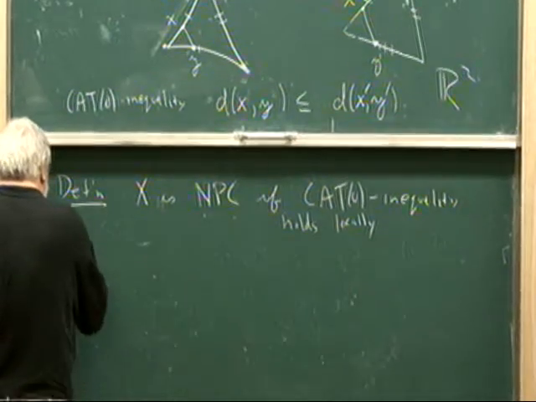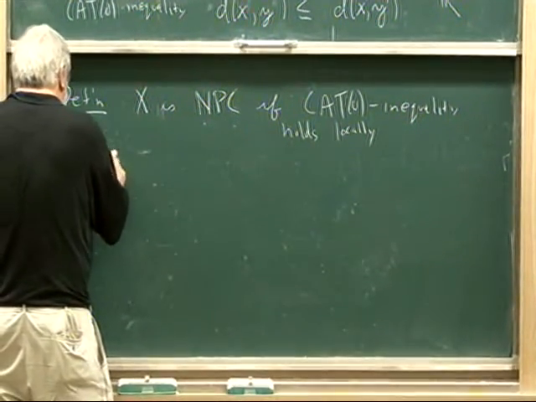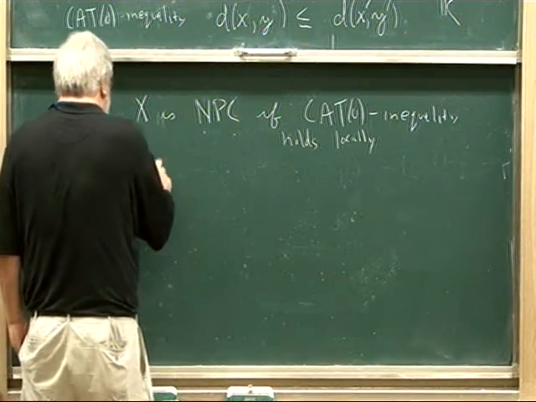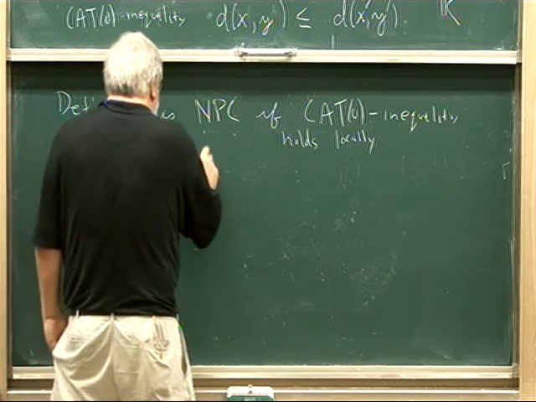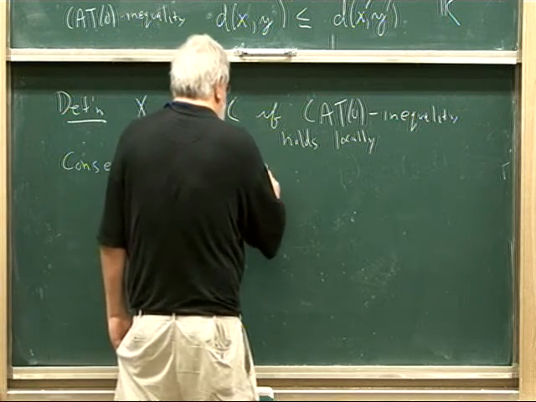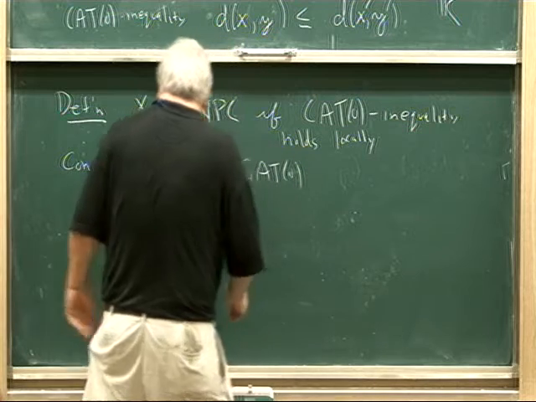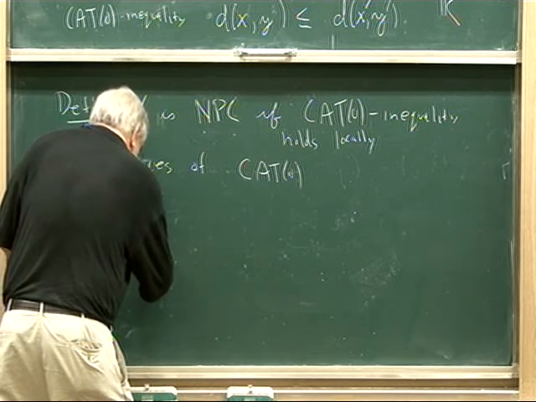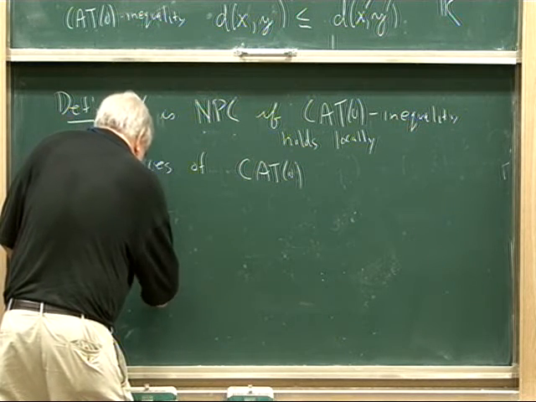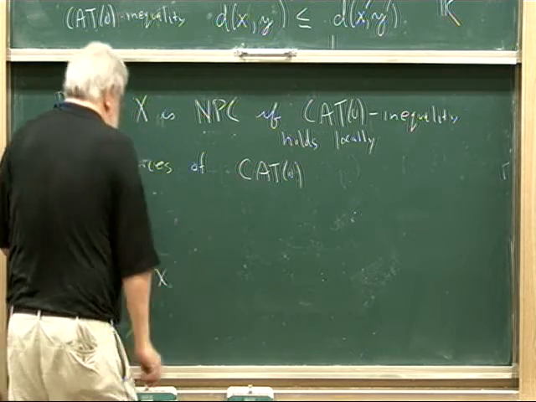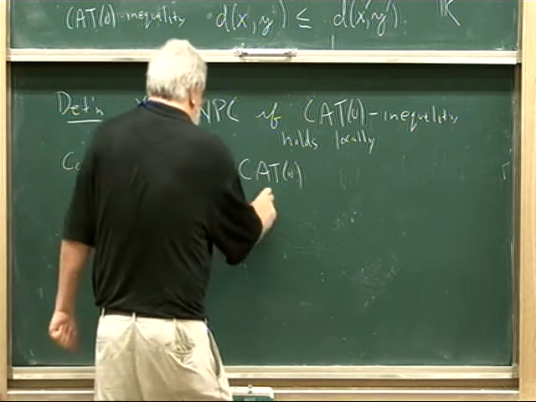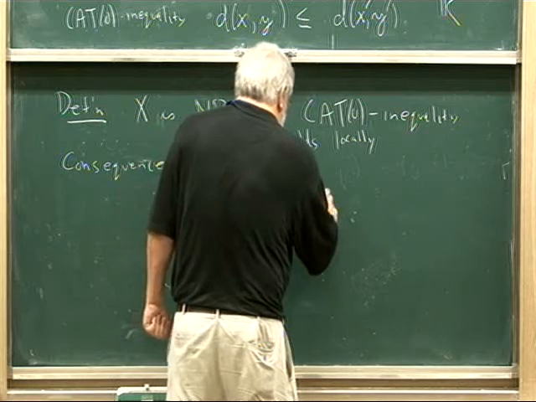So here are the standard consequences of global CAT(0). Well, one is that if you pick any 2 points, there's a unique geodesic between them.